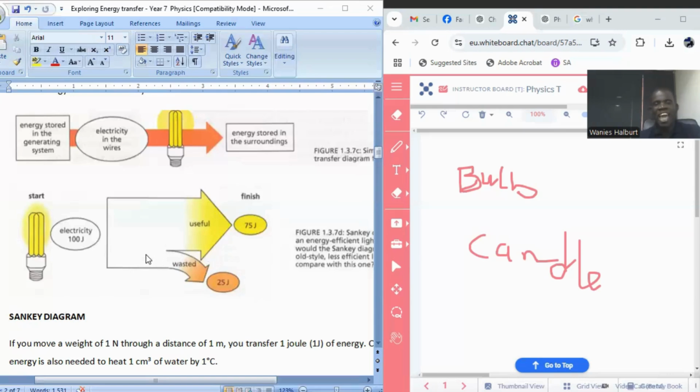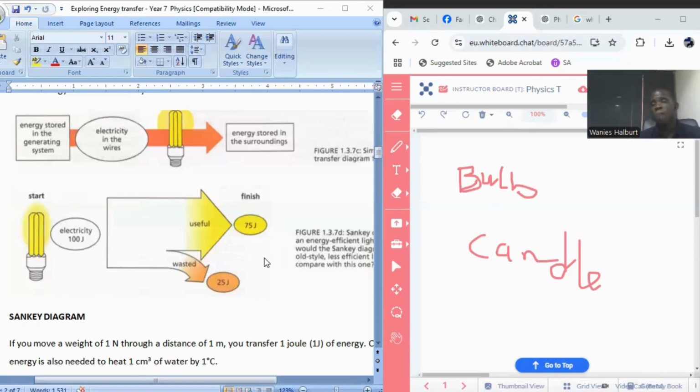For example, here, 75 joules was given as light, while 25 joules was given as heat. So what we need mostly from the bulb is light. So definitely 75 joules is given as light to the surrounding. So 75 joules is the quantity of the useful energy that is being used here.